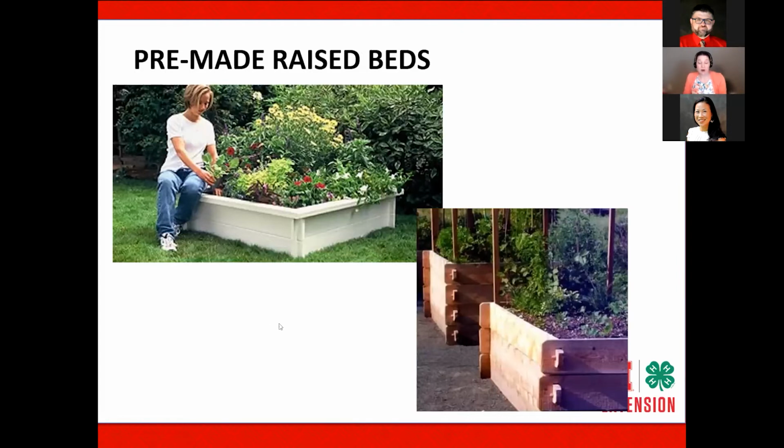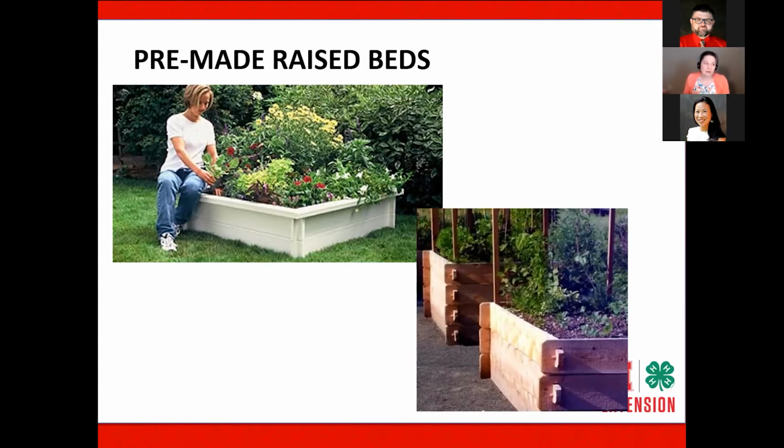So like John talked about earlier, we can purchase pre-made raised bed kits. These kits are available from a wide range of retailers. The one is a snap together plastic one that you can put in a particular location. So the thing to keep in mind is with these, sometimes depending on what plastic material we use, we need to know whether or not it's going to be safe to use for vegetables.